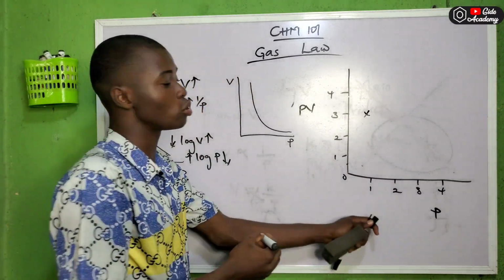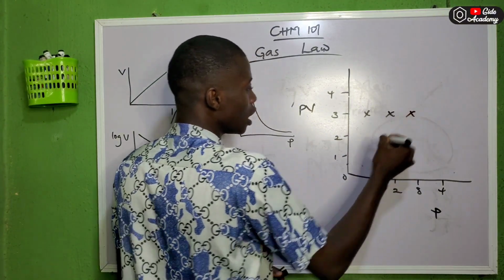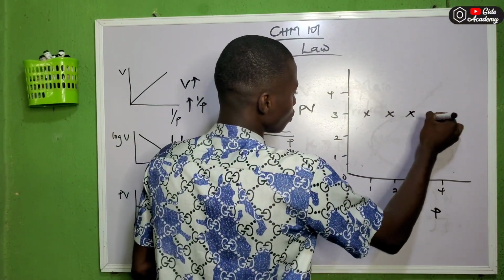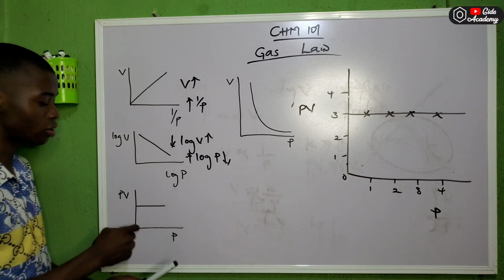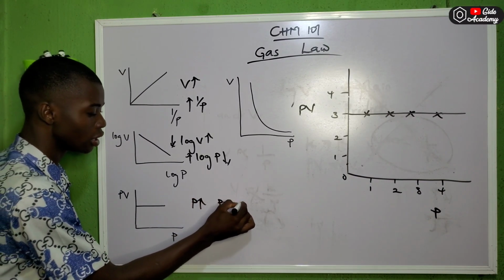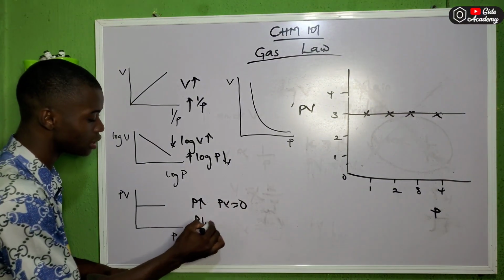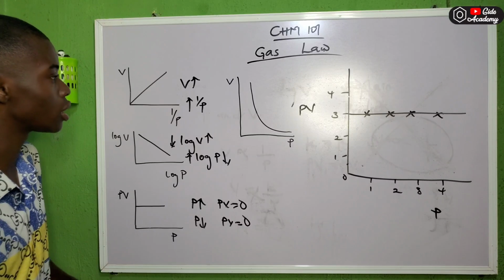If I increase the pressure to 2, PV will be 3. If I increase the pressure to 3, PV will be 3. If I increase the pressure to 4, PV will also be what? 3. So you now have something like this. That's exactly what this graph is trying to tell us. So if P increases, PV is constant. And if P decreases, PV is equal to what? Constant. So please take note of that.